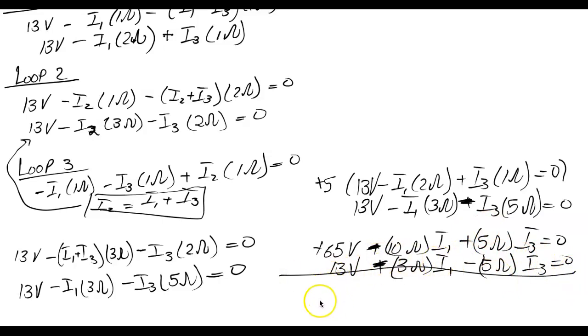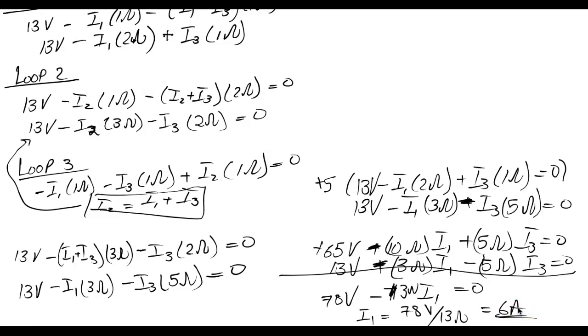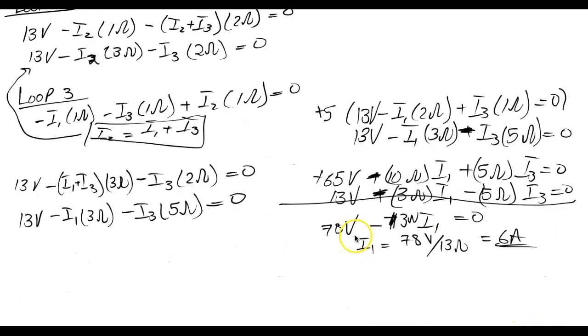So this gives us 78 volts minus 13 I1. Those cancel out, equals 0. So I1 equals 78 volts divided by 13 ohms, which is 6 amps. So we found I1.